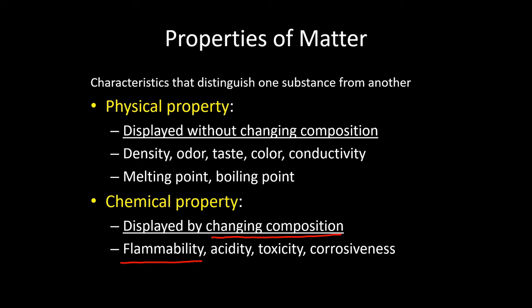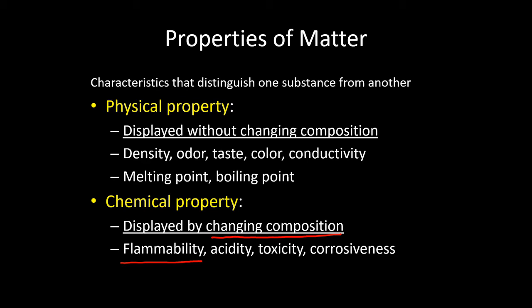And if you've ever been to a bonfire or something like that, then you know this. You put wood into the fire, and as it burns, it doesn't stay as wood. It turns into ash and smoke, and some other things as well, but mainly ash and smoke. So a chemical property or a chemical change is displayed by actually changing the composition of something.